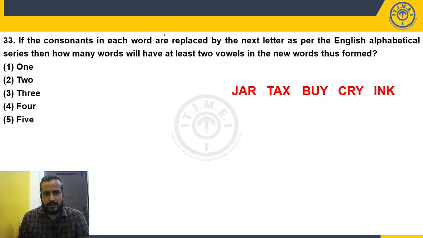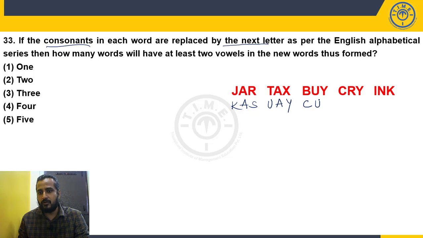If consonants in each word are replaced by the next letter as per the English alphabetical series, then how many words will have at least 2 vowels in the new words thus formed? So each and every word needs to be checked. Consonants by next letter. So J, K, R, S. There is no change in the vowels. T, U, no change in the vowel. X, Y. B, C, no change in the vowel.